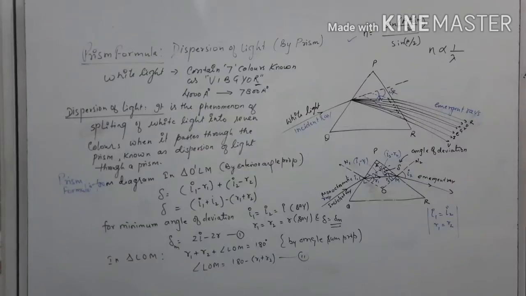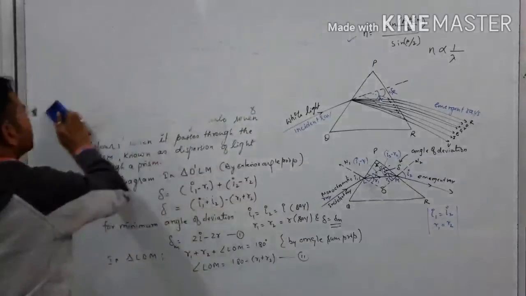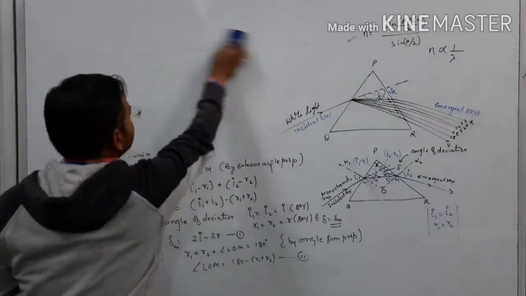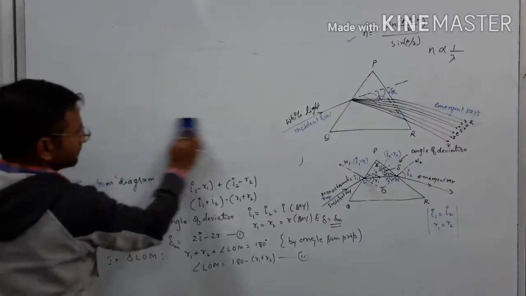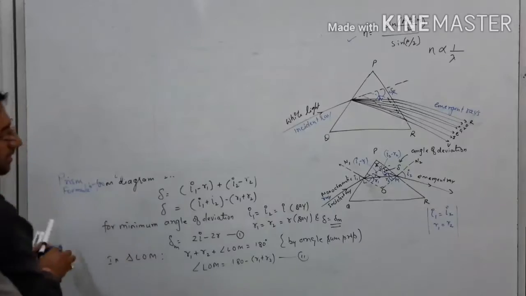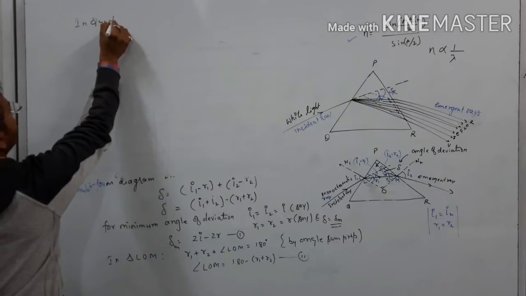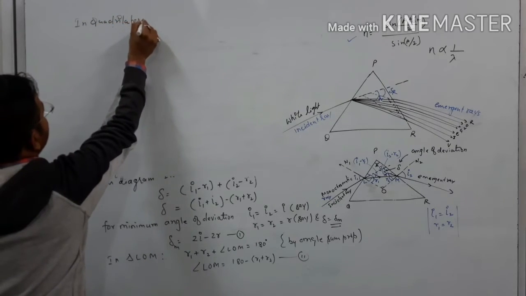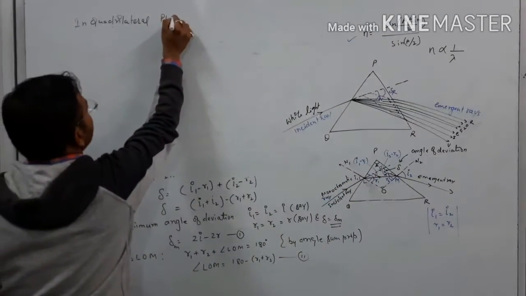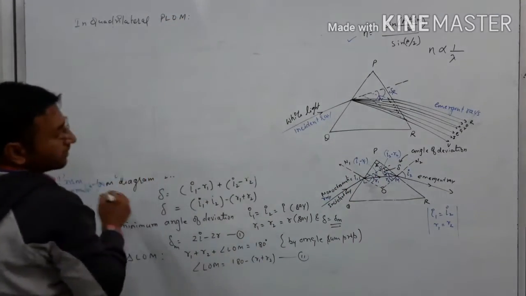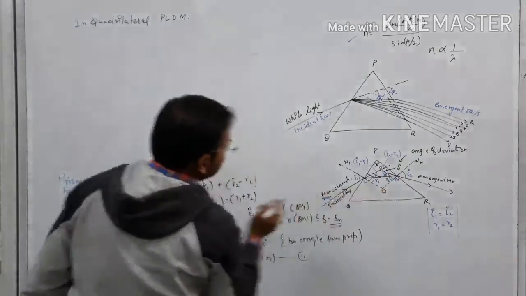To solve this, let's see in quadrilateral PLOM, angle PLO and PMO are 90 degrees.